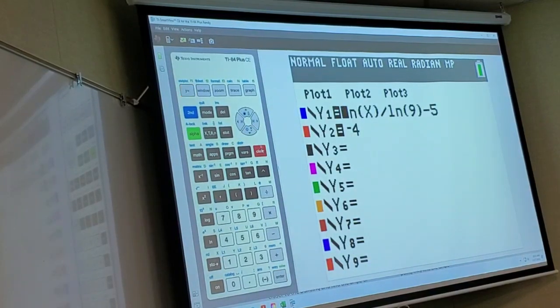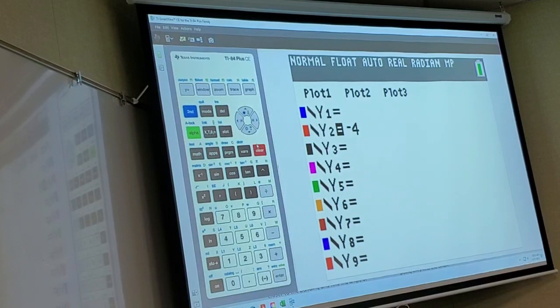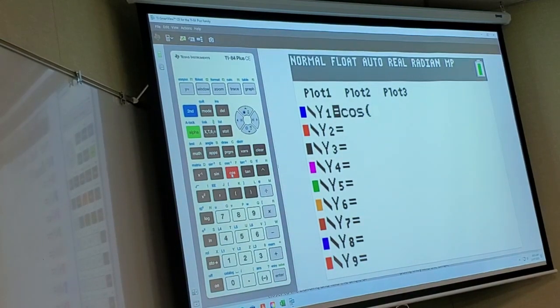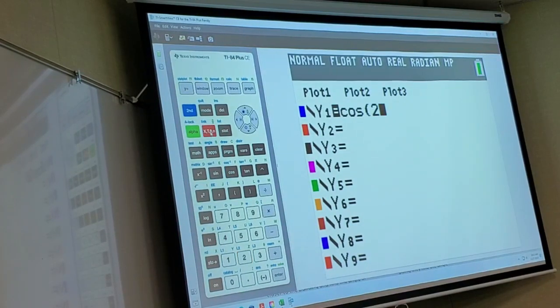What if I wanted to solve something like we did earlier: cosine 2x equals 1/2. Let's see what happens if I try to graph this.